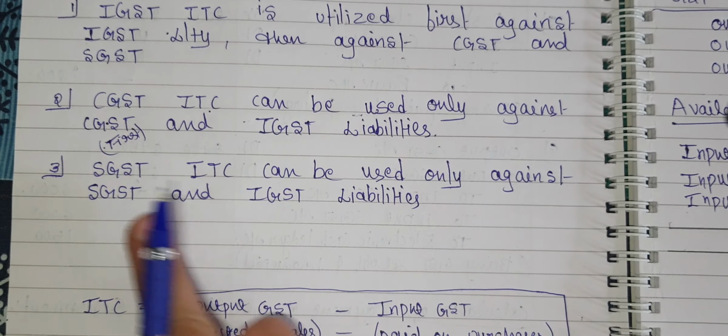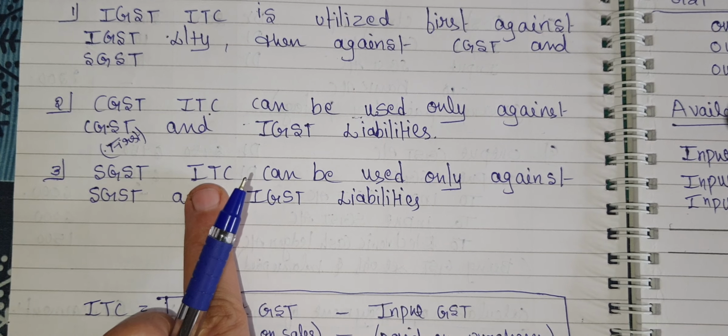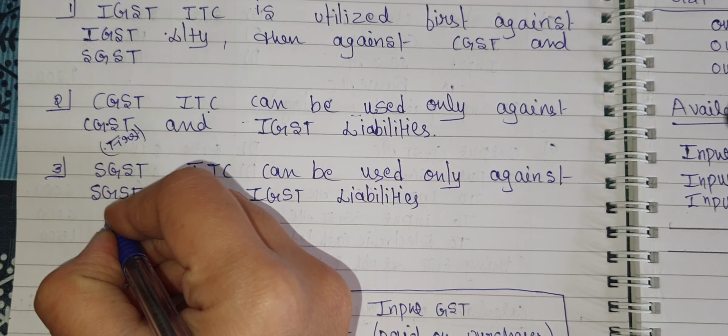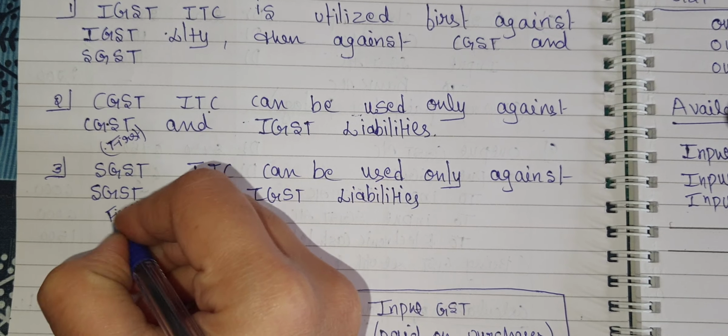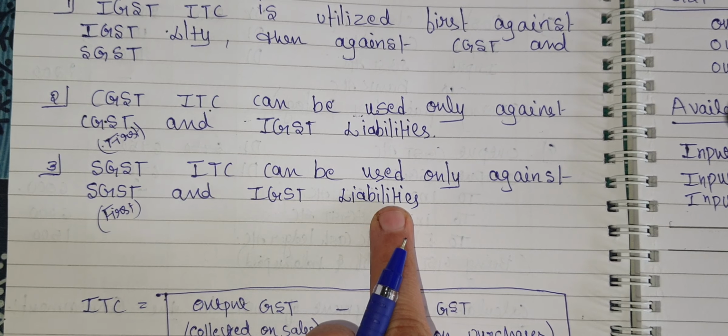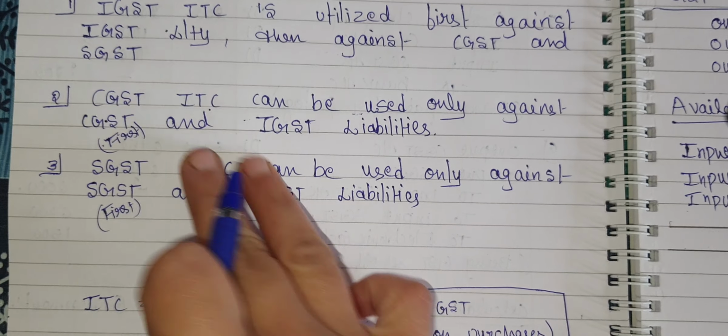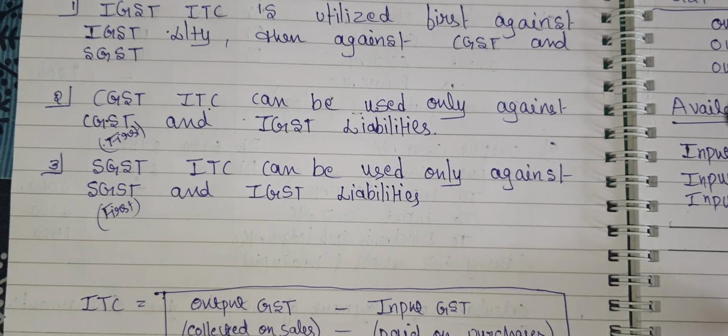And the third one: SGST input tax credit can be used only against SGST and IGST liabilities, first against SGST, and not against CGST liabilities.